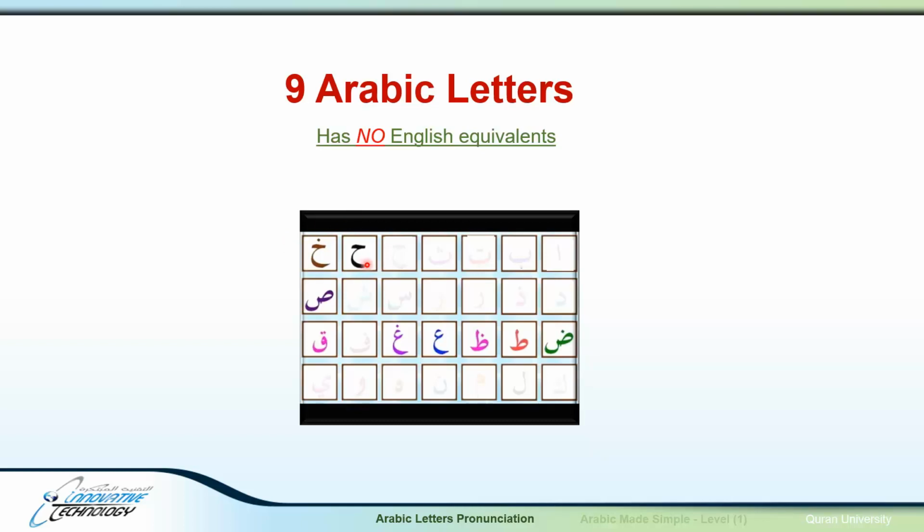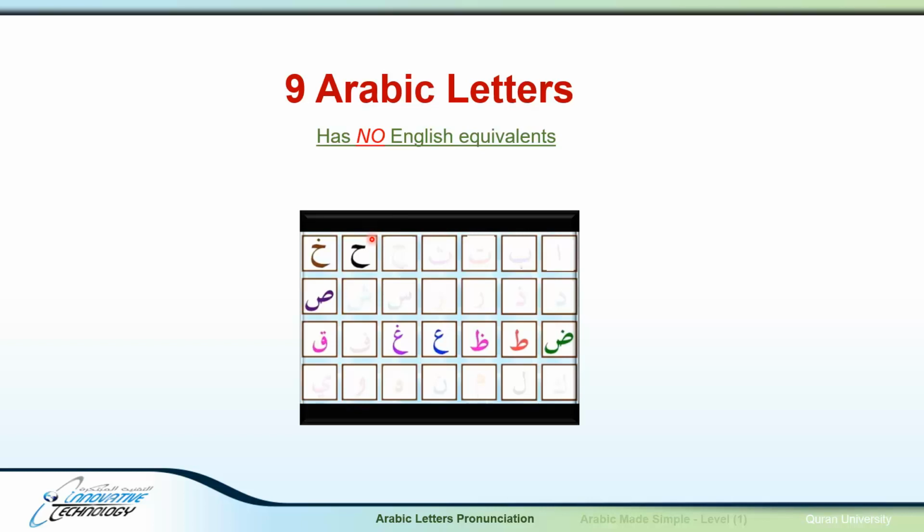So those whose mother tongue is primarily English, when they attempt to learn Arabic for the first time, if they don't learn how to pronounce those letters properly, they tend to replace them with the closest similar letter. For example, instead of saying Alhamdu in Surah Al-Fatiha, they would say it with a different h sound.